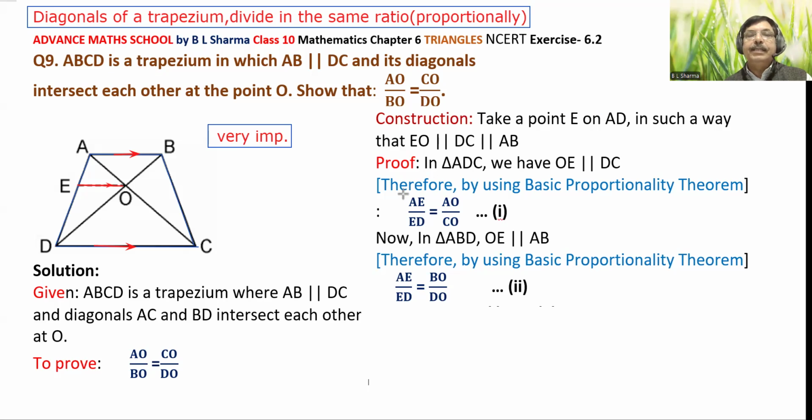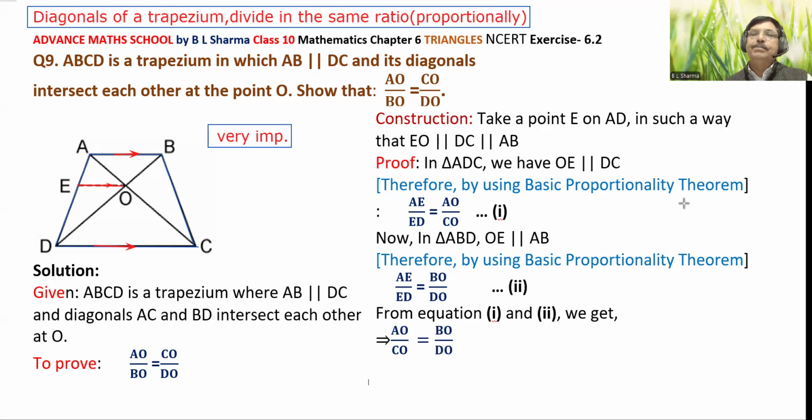But here you will see that left hand side is same from first and second. So right hand side will also be same. So you can write from first and second, AO upon CO is equal to BO upon DO.